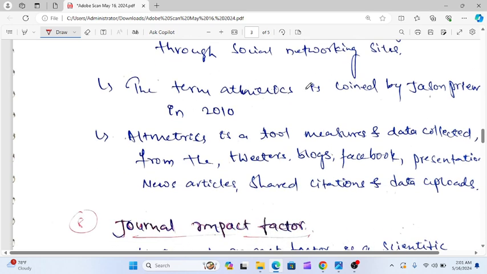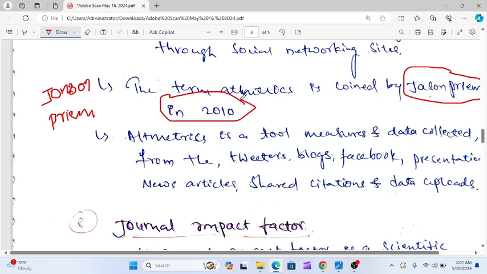The term altmetrics was coined by Jason Priem in 2010.